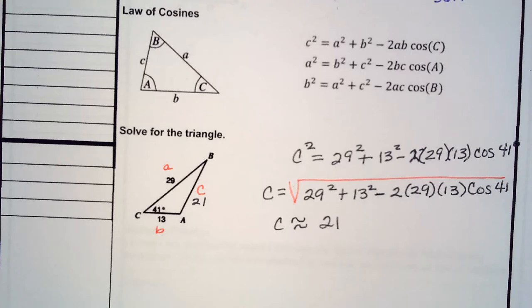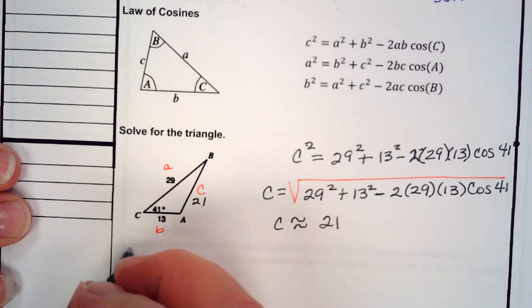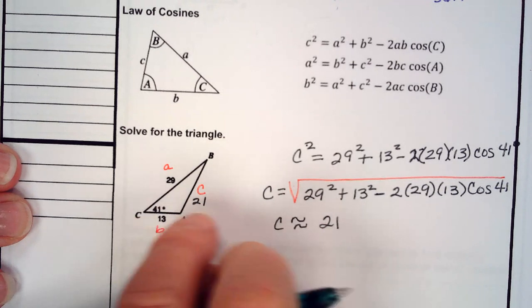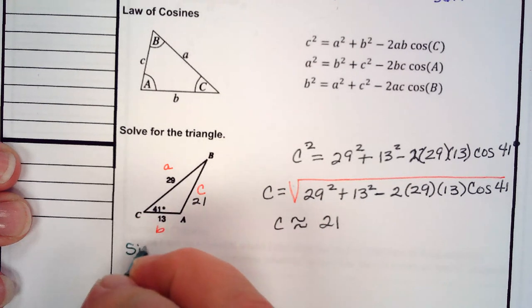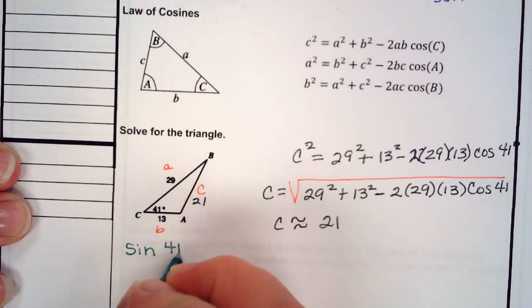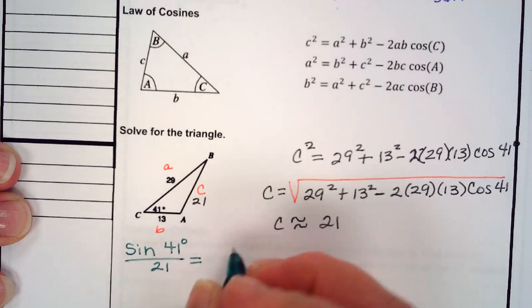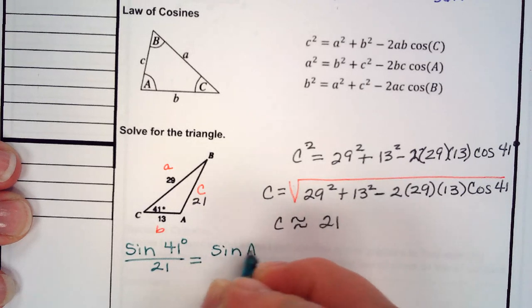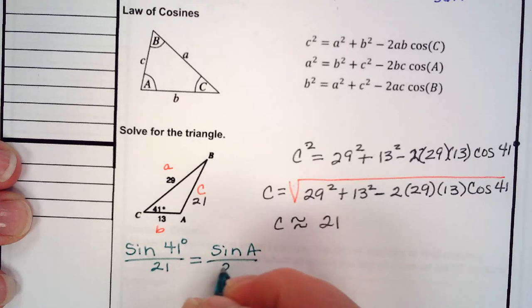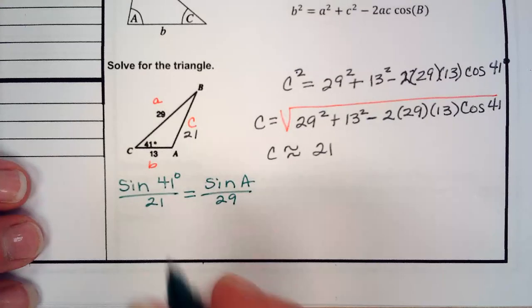So let's set up and find the measure of angle A. This is our matching pair, 41 and 21. So the sine of 41 degrees over 21 will equal the sine of A over 29.